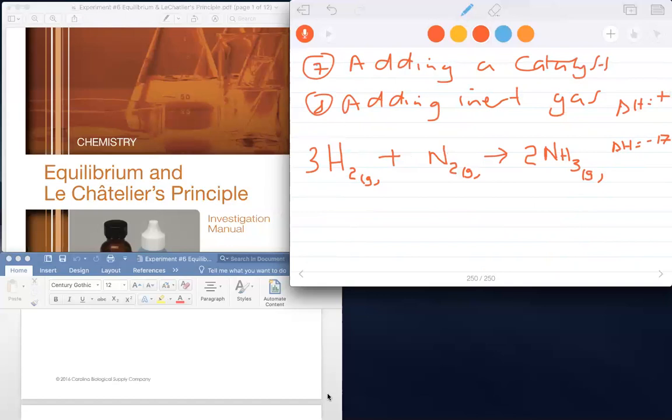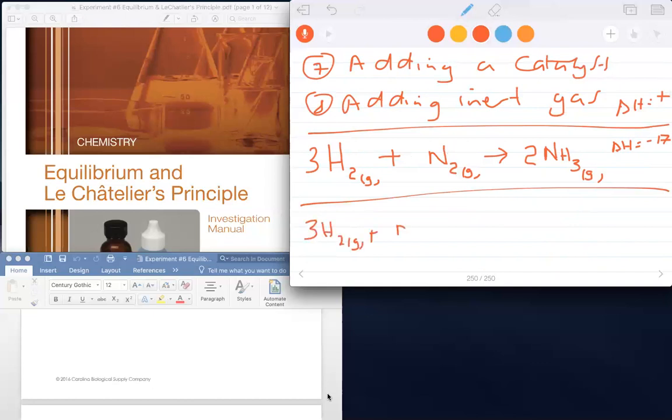I can rewrite my example here as 3H2 gas plus nitrogen gas going to, this is going to produce 2 moles of ammonia gas. And I will rewrite now, plus heat, because it is exothermic.